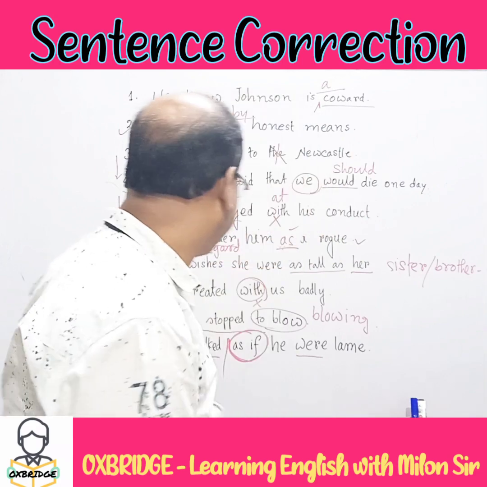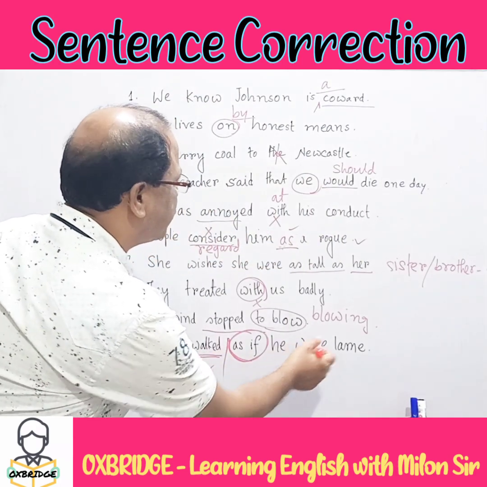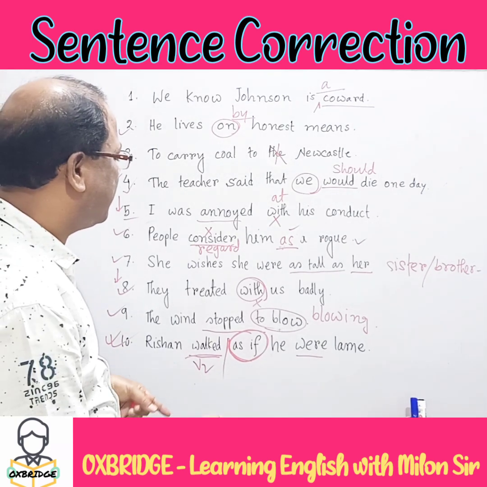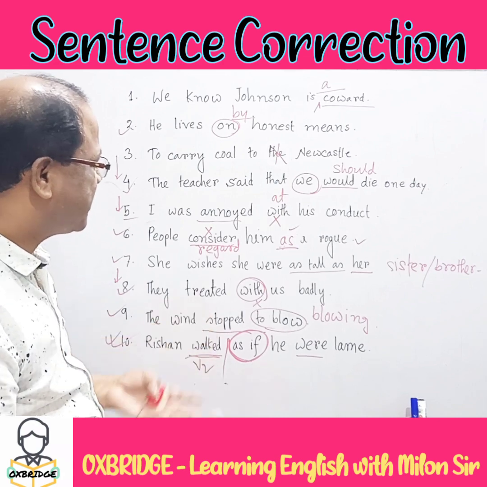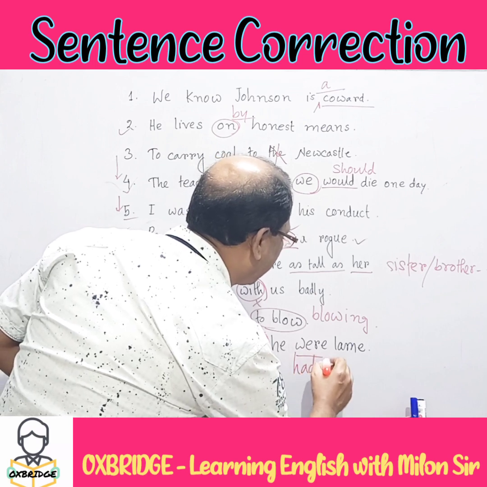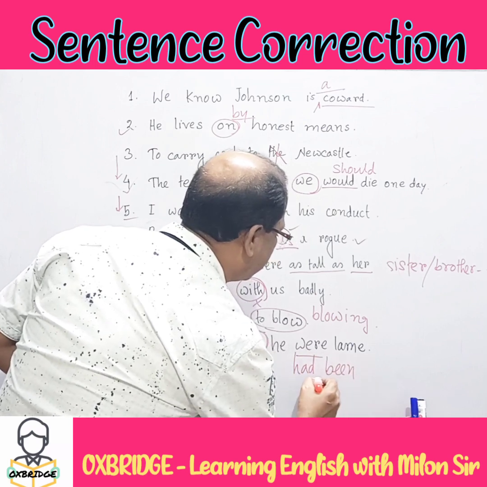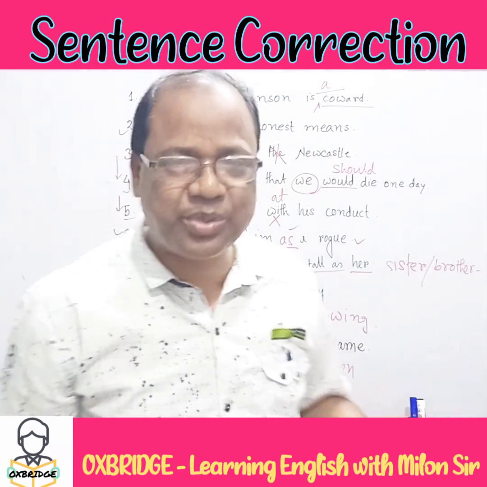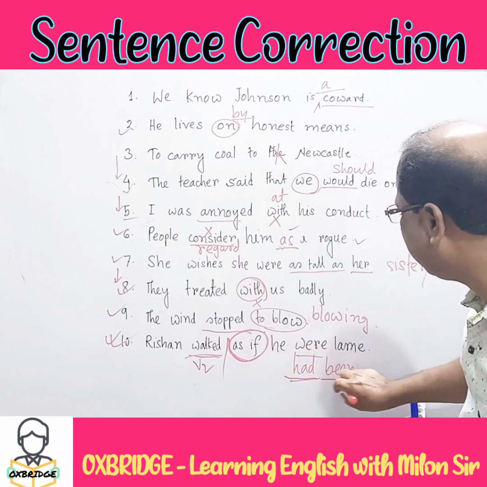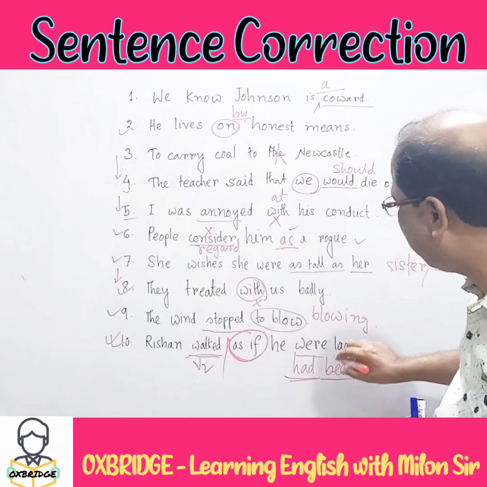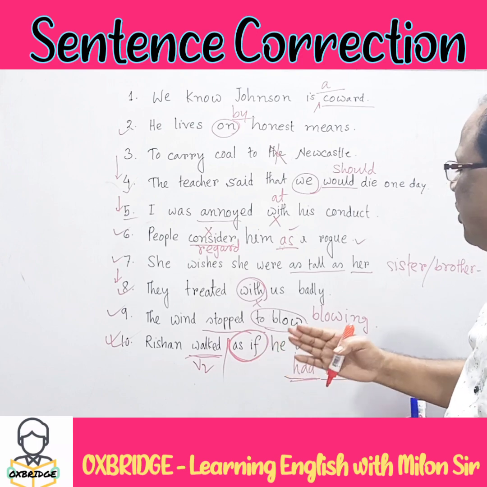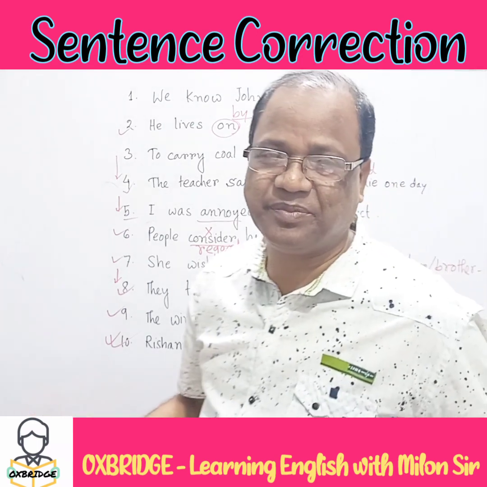So mind it, the first one is given in the past simple, so the second one will be past perfect. So the past perfect form here is had been. Here had is used as an auxiliary verb, and been has been used as the past participle form of be. So Rishan walked as if he had been lame.